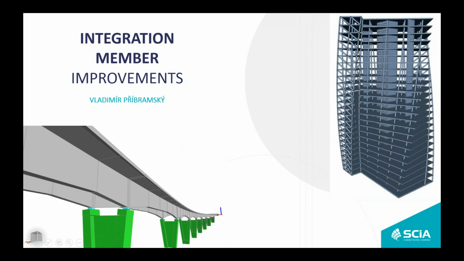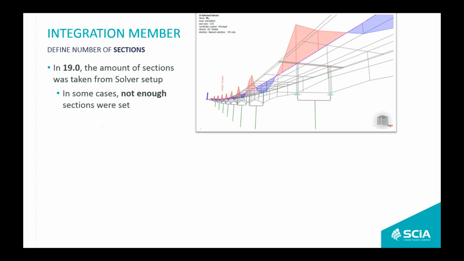Here I have two examples, a building with cores and a bridge modeled with 2D members. As a first enhancement, compared to version 19.0, we are now able to define the number of sections per each integration member.